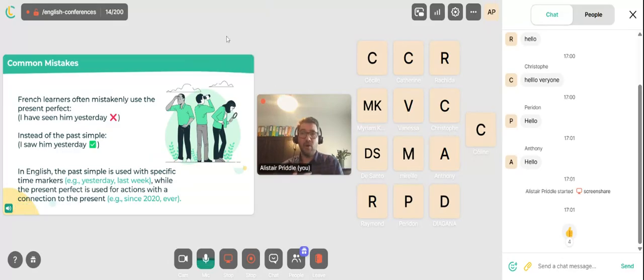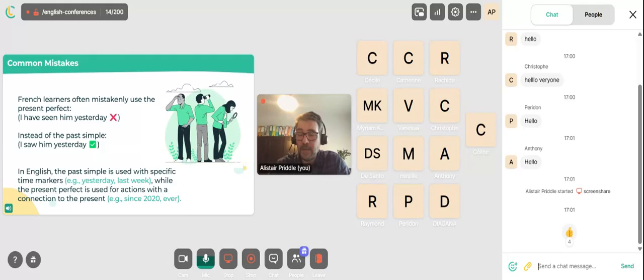French learners often mistakenly use the present perfect. As we said earlier, "I have seen him yesterday." We don't want to say that. We want to say, "I saw him yesterday."